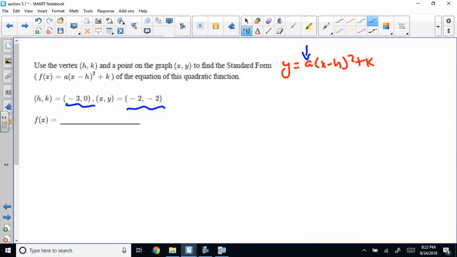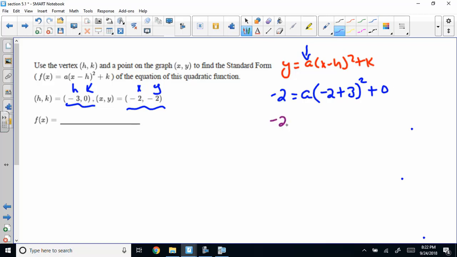I'm going to plug it in, right? So here's my x and my y, and there's my h and my k. So -2 equals a times (-2 minus minus becomes plus, right?) 3 squared, and the k is plus 0.